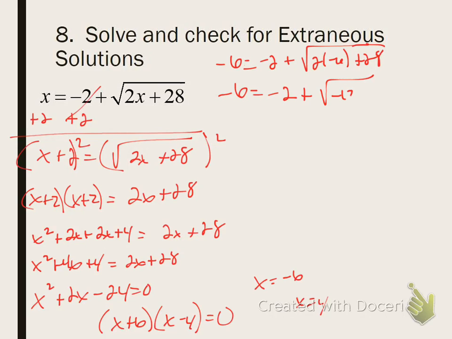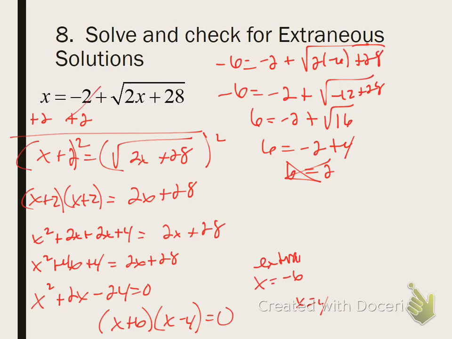So we get negative 12 plus 28. 6 equals negative 2 plus the square root of 16. 6 equals negative 2 plus 4. 6 equals 2. That's not right. So that must mean that x equals negative 6 is extraneous.